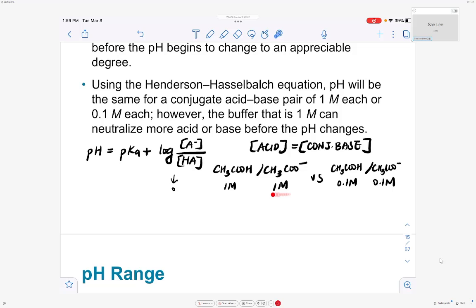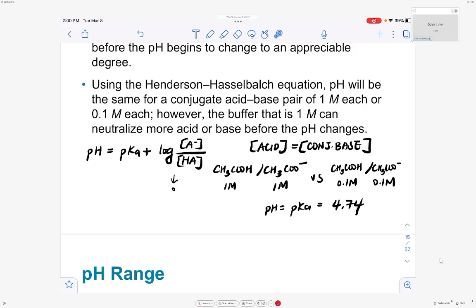The ratio is still going to be 1, so the pH is going to be equal to pKa. So in both cases, even though the molarity is different, both buffer solutions will have pH equal to pKa, which is 4.74 for both situations.